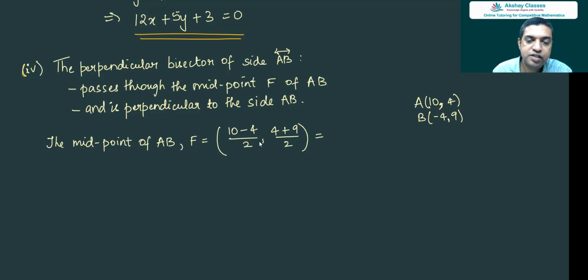So 10 minus 4 is 6 upon 2 is 3. Next is 13 by 2.